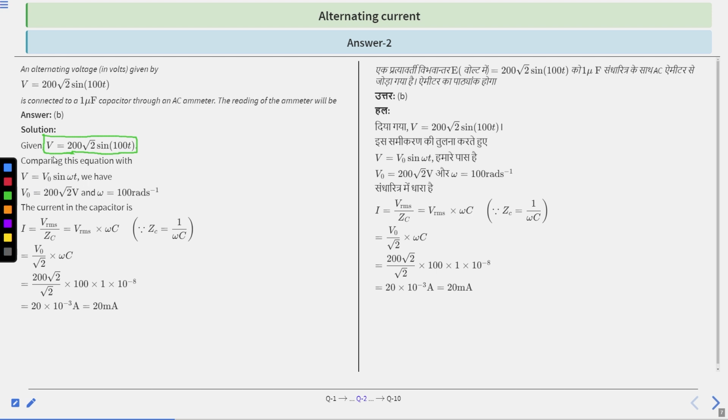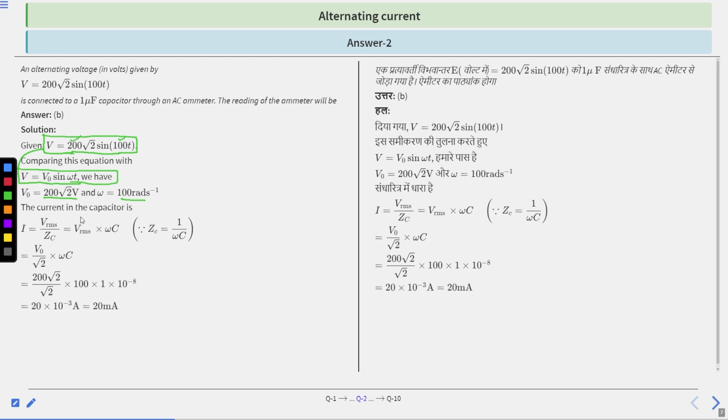Comparing both equations, you will get many terms. So V naught is equal to 200 root 2, and omega is 100 radian per second.